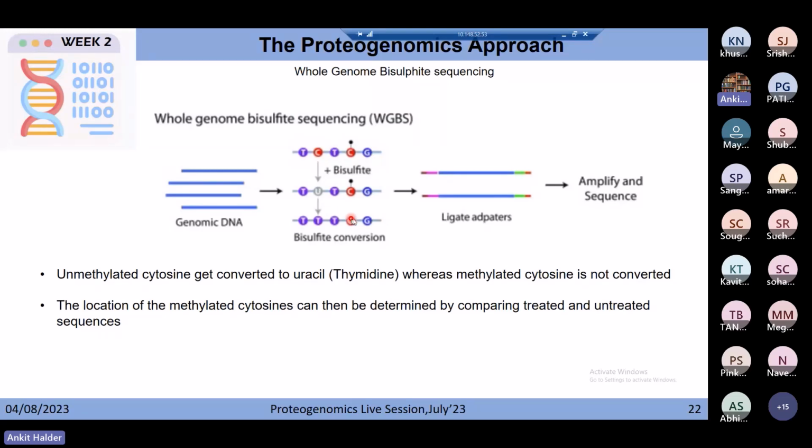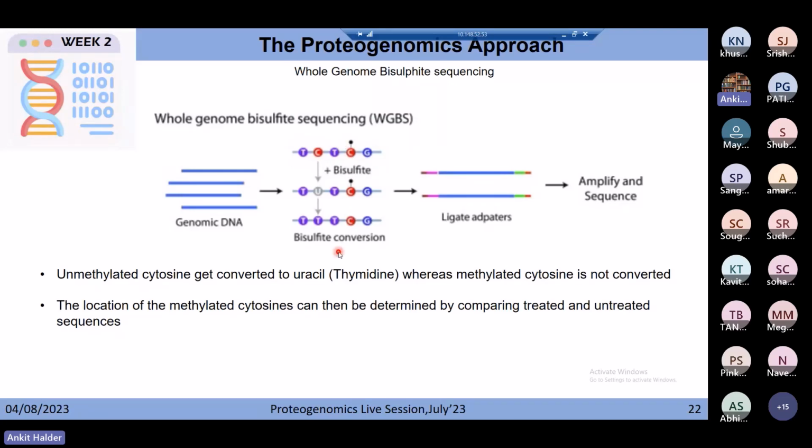If we map this to the known genome, we can easily find out that wherever a cytosine was converted to thymidine, it was an unmethylated site. And if it remains cytosine after sequencing, then it was methylated.